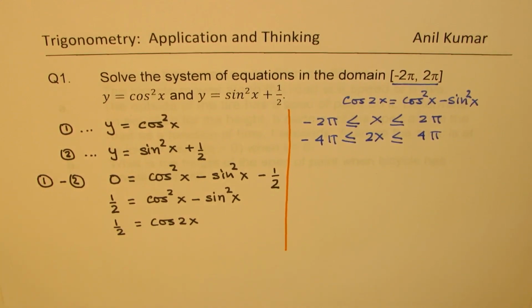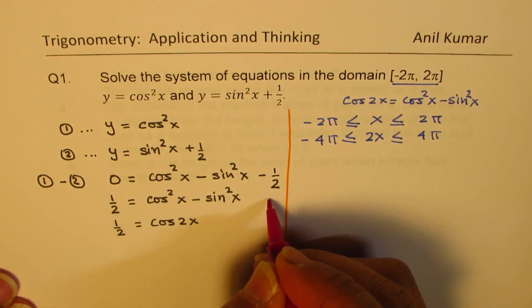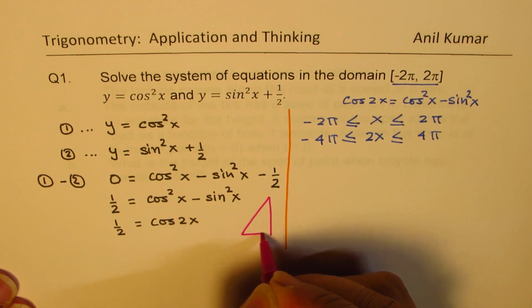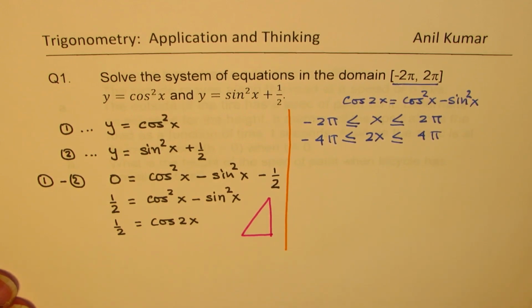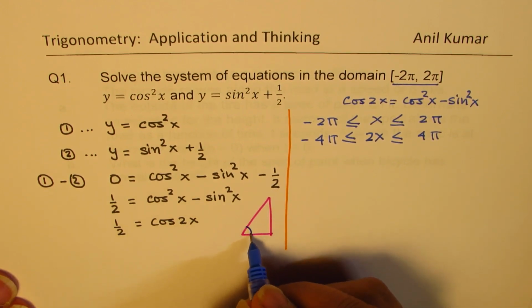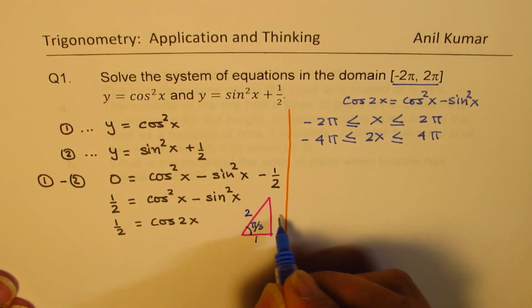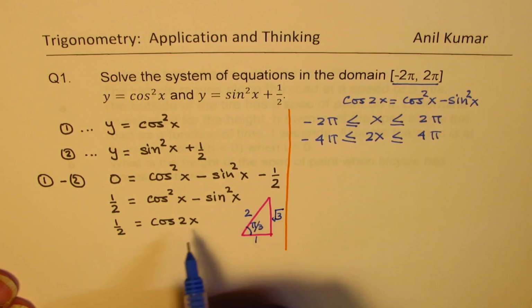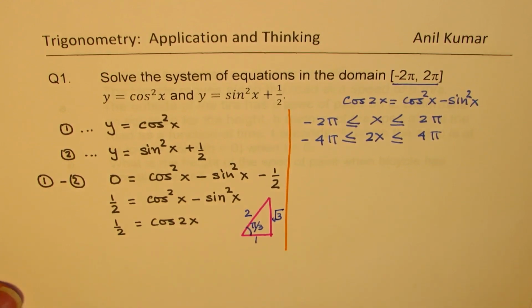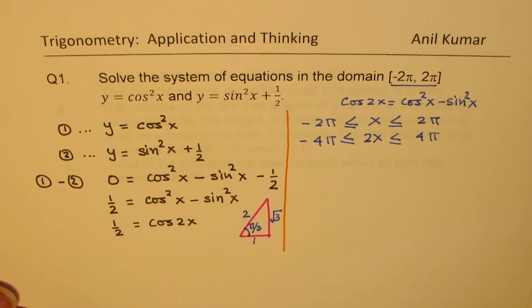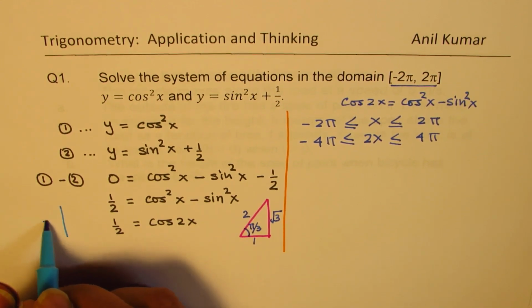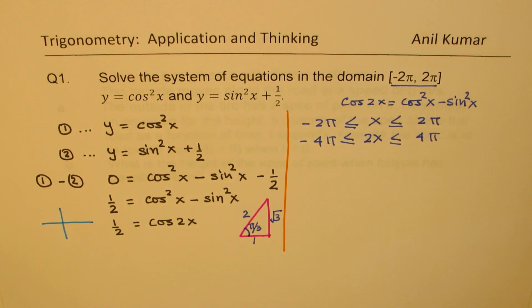Now cos 2x is equal to half. So what is the value of 2x? Well, let's use our special triangle. So we have to work in radians in this case, right? So if this angle is pi by 3, we know these sides are 1, 2 and square root 3. So that means we have the solution of cos 2x being positive half in 2 quadrants. One of the quadrants will be quadrant 1.